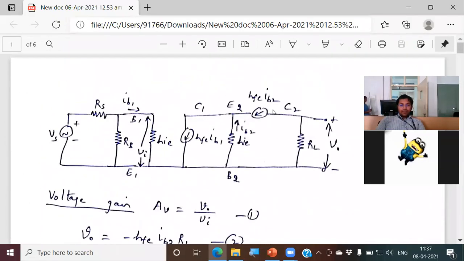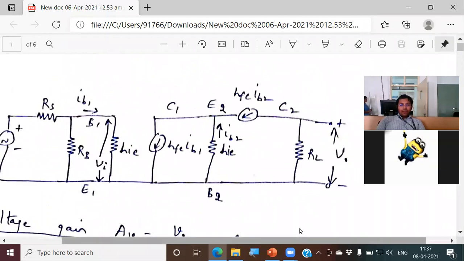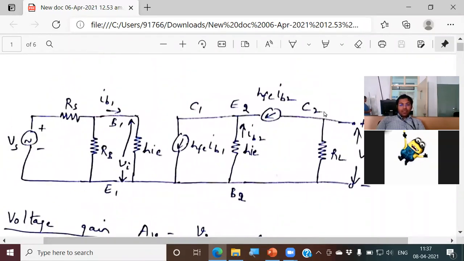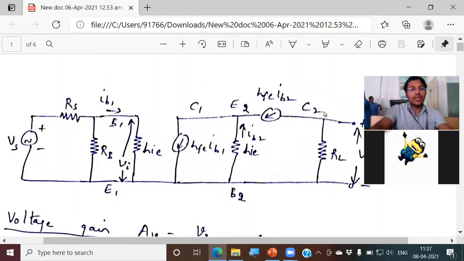So I want an answer. Now this is the circuit. How to find output resistance? What are the rules to find output resistance? Yes, please answer. Source we will replace by what? Vs we will replace by short circuit.